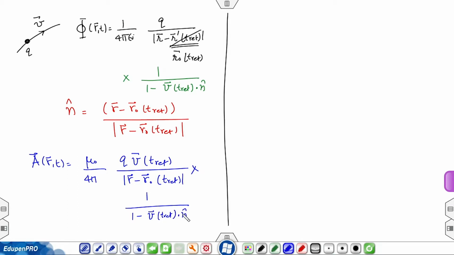And we want to know why this correction factor arises. To motivate this, I make two comments. Number one, Maxwell's theory is in terms of densities and current densities.